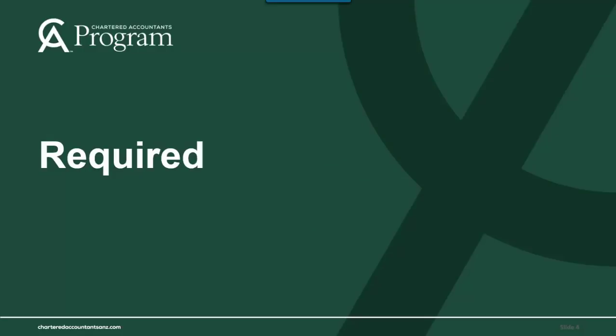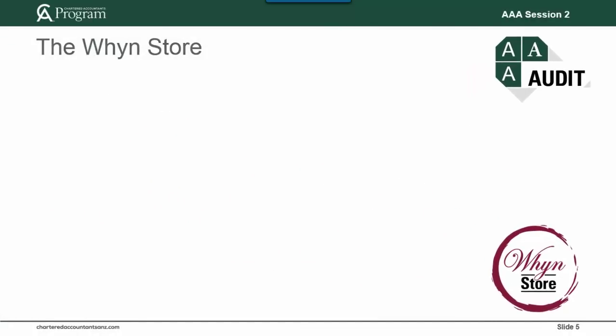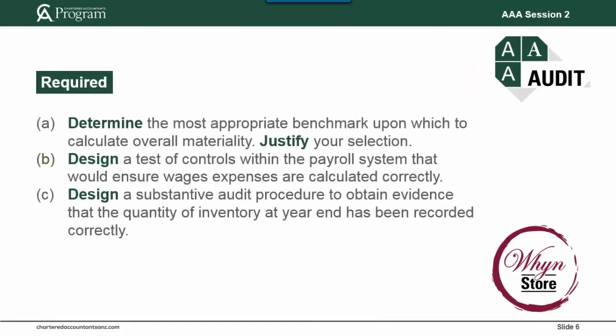So what are we being asked to do in relation to the wine store? We are required to A. Determine the most appropriate benchmark upon which to calculate overall materiality, justify your selection. B. Design a test of controls within the payroll system that would ensure wages expenses are calculated correctly.